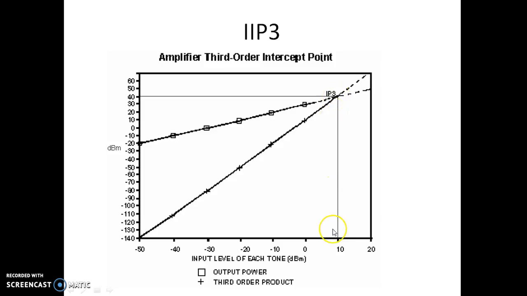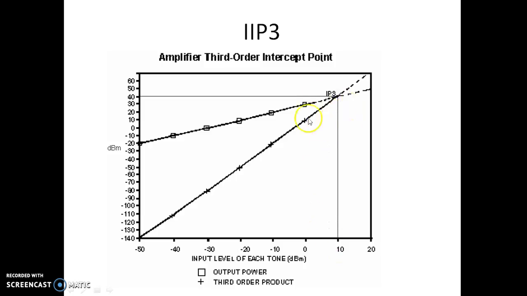Again I'll repeat, the input intercept point is the input power at which the output power of the fundamental frequency and the output power of the third harmonic frequency meet each other. In this particular case, IIP3 happens to be 10 dBm.